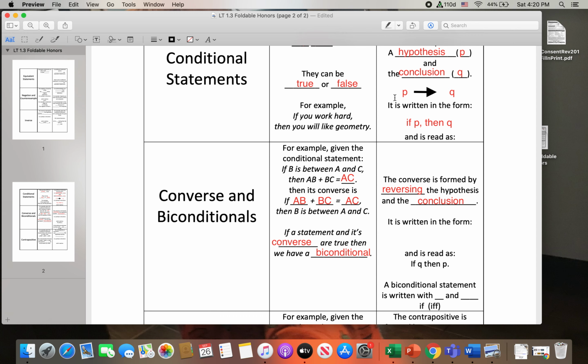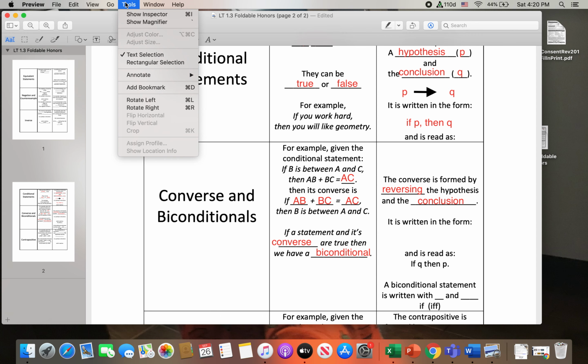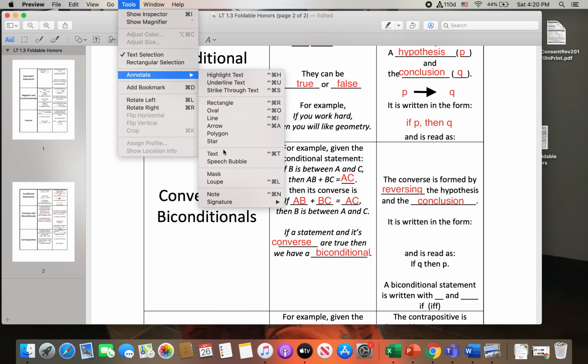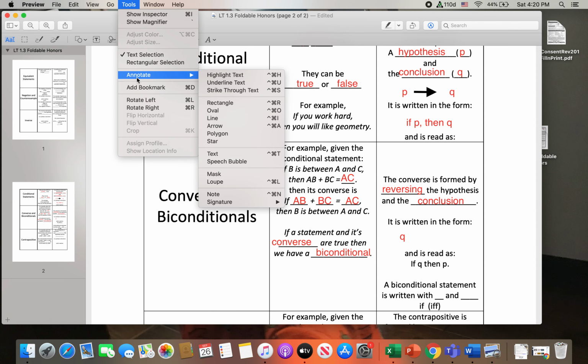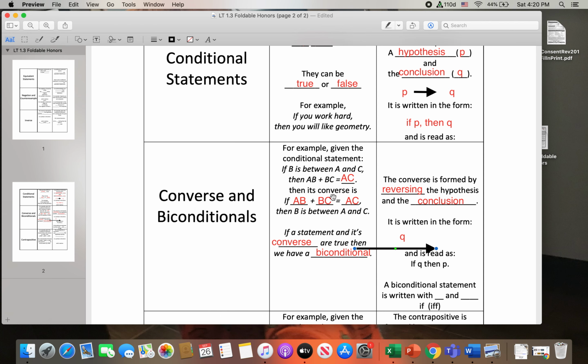And instead of writing it as P then Q, well, it's Q. Arrow. Annotate. Arrow. Move it up. Shrink it down.